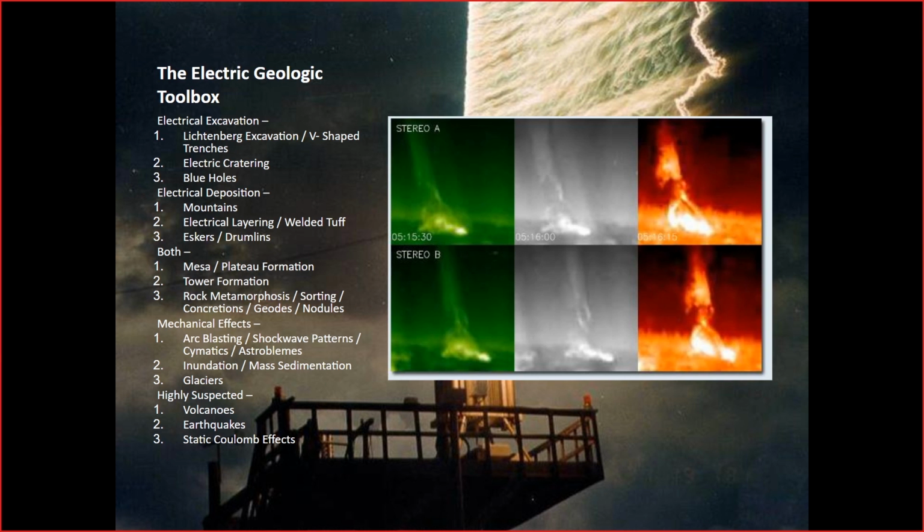Each stage, 1, 2, and 3, would be a degree of power or a scale. 1 would be a very powerful version, 3 would be the weakest. One of the other things, though, is the mechanical effects, especially with regards to glaciers and so forth. I'm going to be going over those and showing where we might be making a grave mistake.